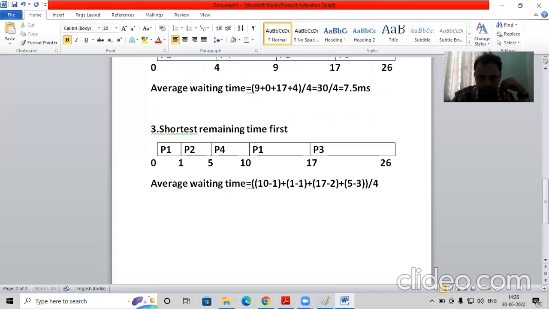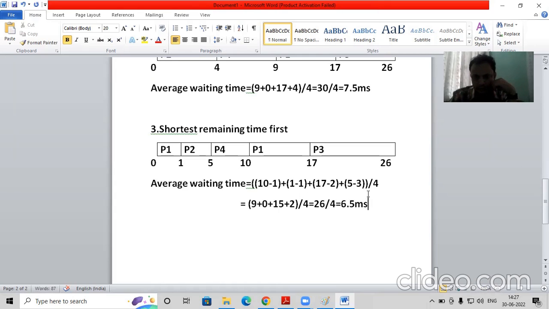Is equal to 10 minus 1 means 9, 9 plus 0 plus 15 plus 2, by 4, is equal to 26 by 4, is equal to 6.5 milliseconds.